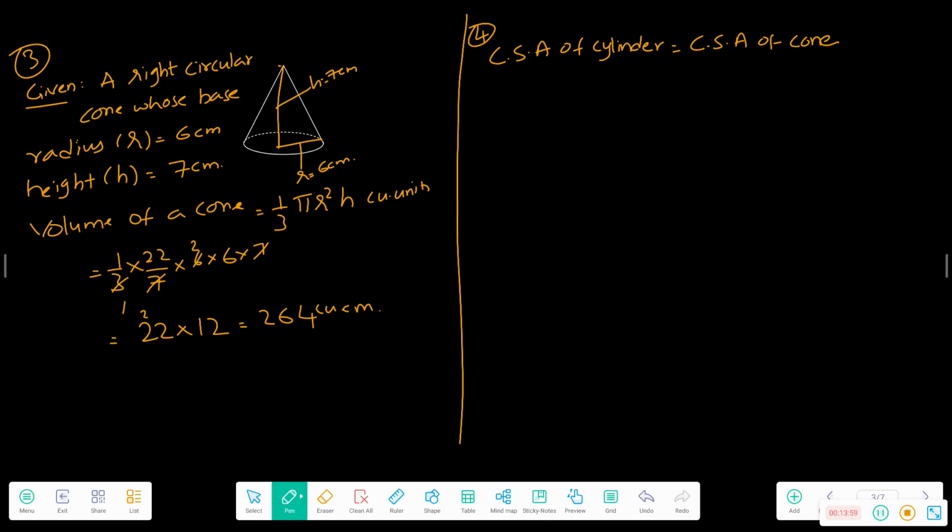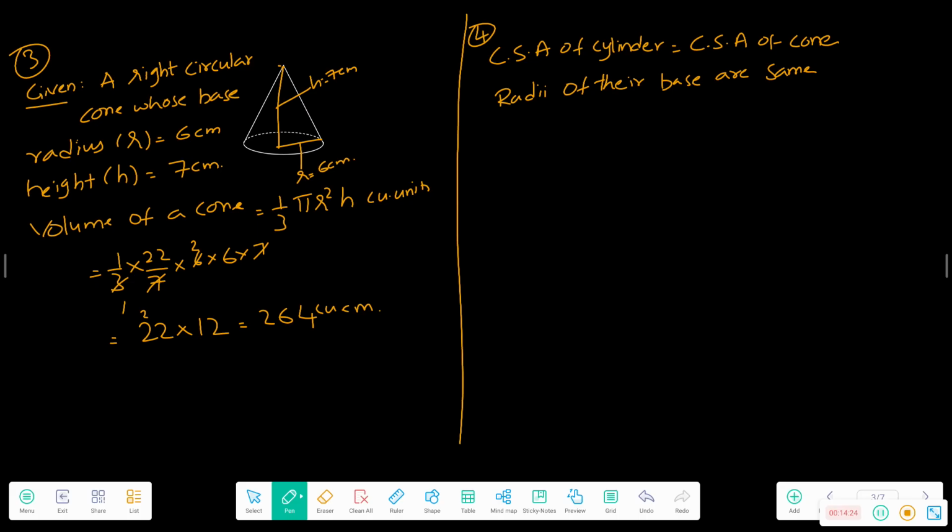Next, they have given that the radii of their bases are same.